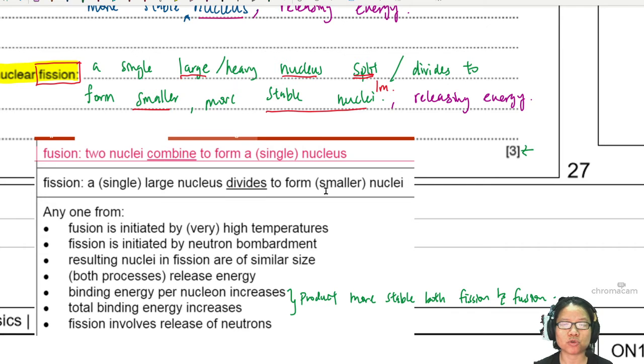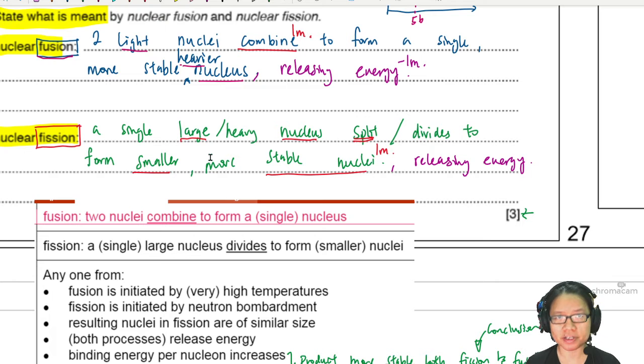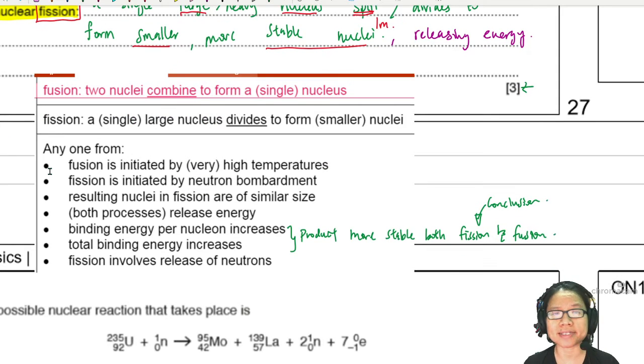But don't write this. Talk about things that you can observe, because this is a conclusion, not an observation. So don't write a conclusion, especially at the definition phase. If you remember how to define fusion and fission, and it's 3 marks, remember to add a bit more detail.